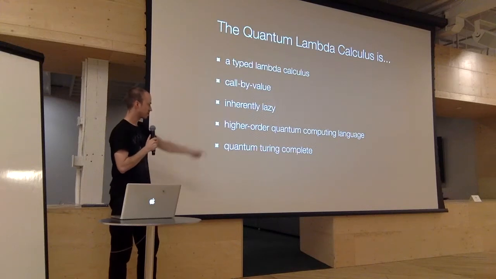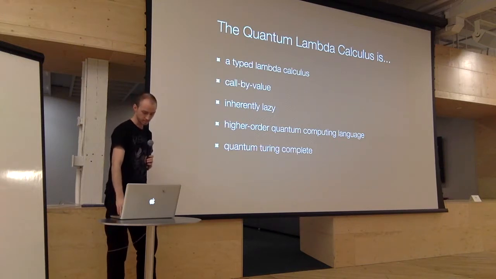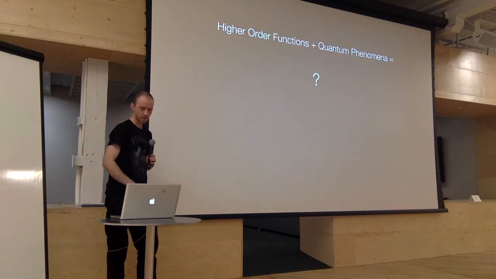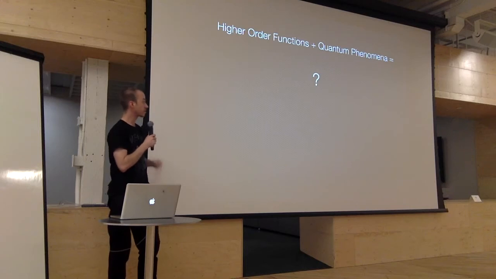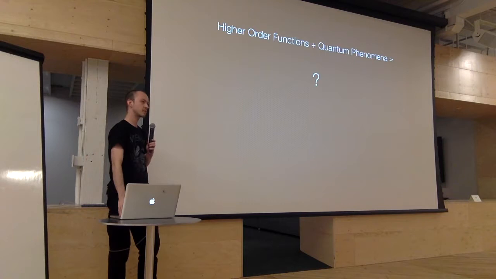And it's quantum Turing complete, which is a very specific constraint, very similar to Turing machines for classical computers. When you combine higher order functions and quantum phenomena, you get some very interesting properties that you wouldn't normally think of, and nobody had thought of until Selinger released the idea of entangled functions.